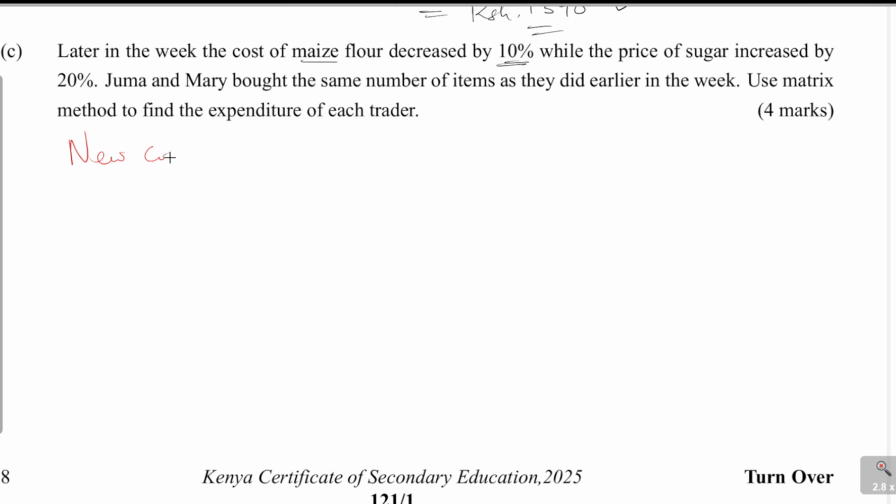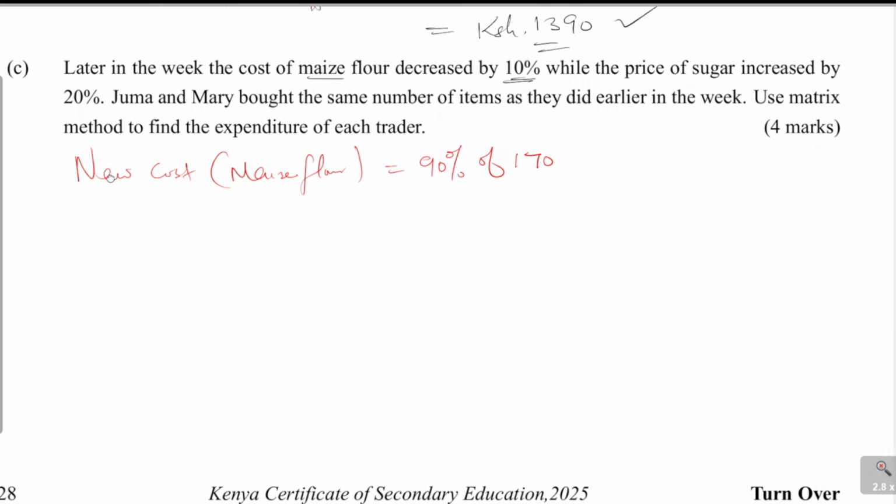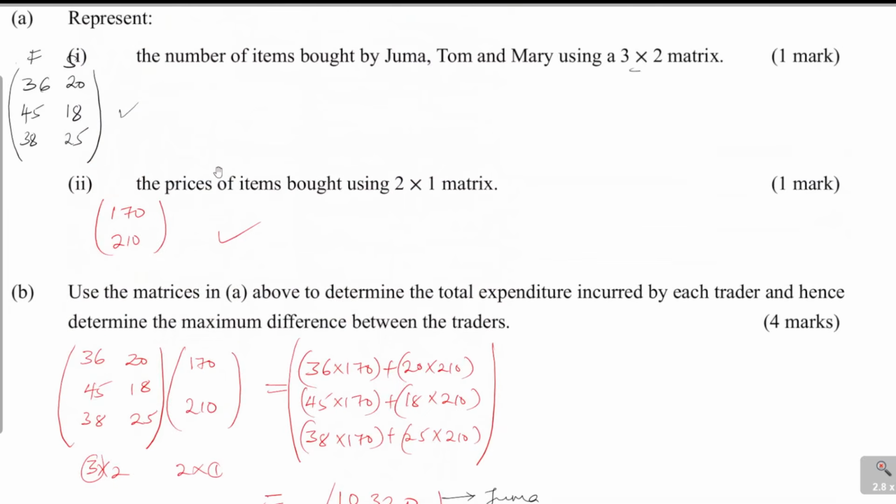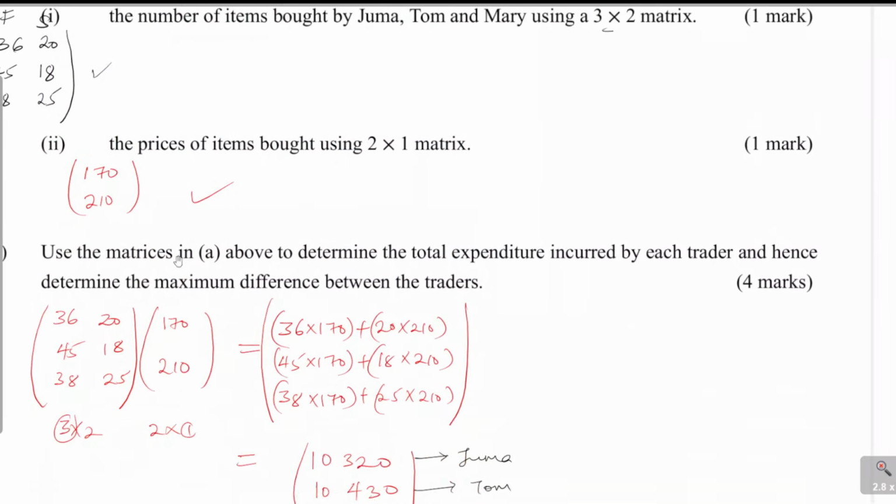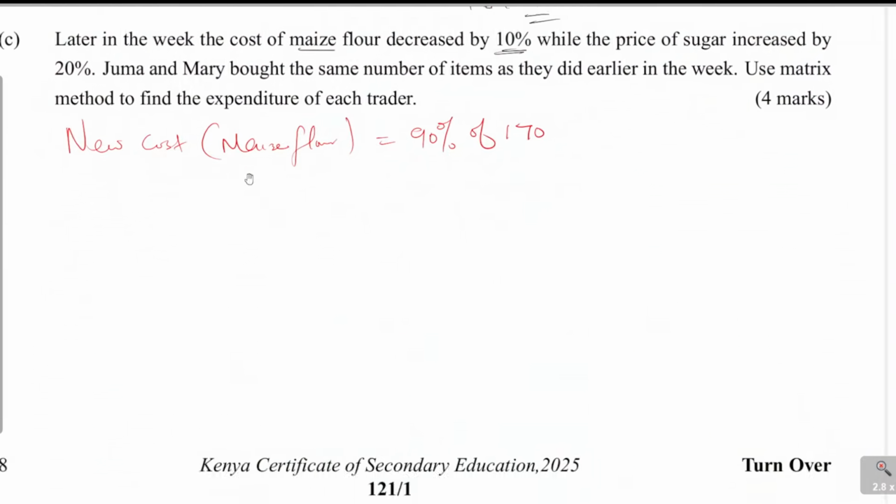The new cost of maize flour, because it has decreased by 10%, so the new one will be 90% of the original. The original, remember, was 170. It is up here. Maize flour 170, then sugar is 210.